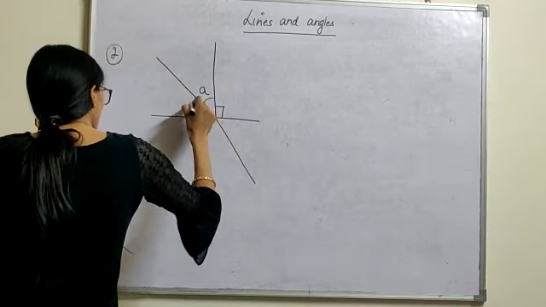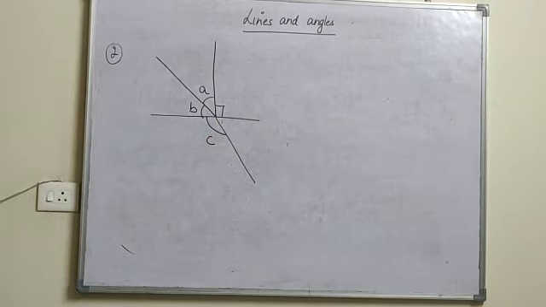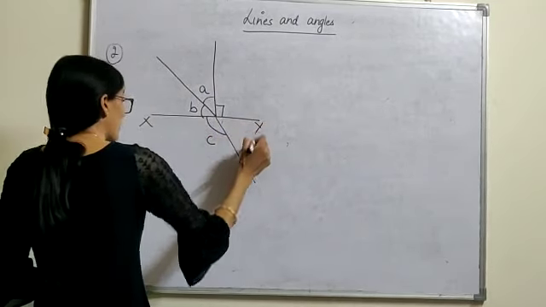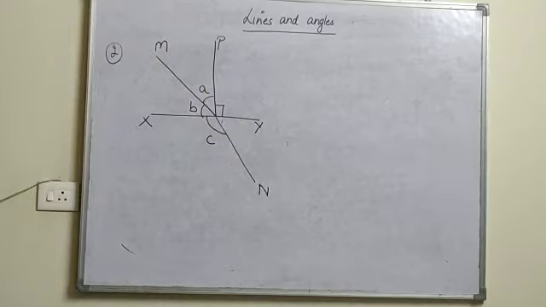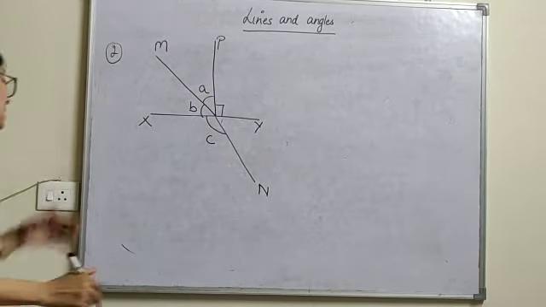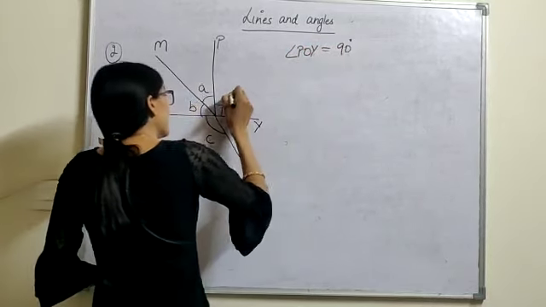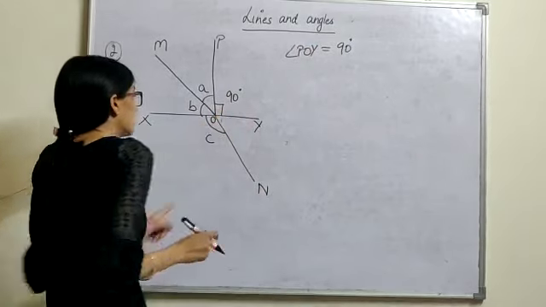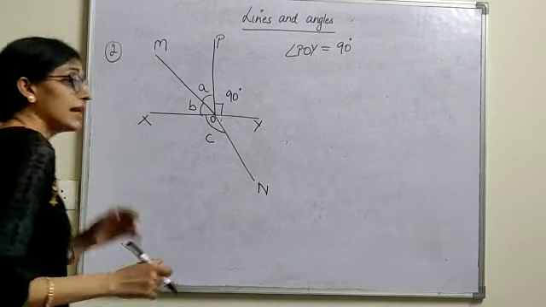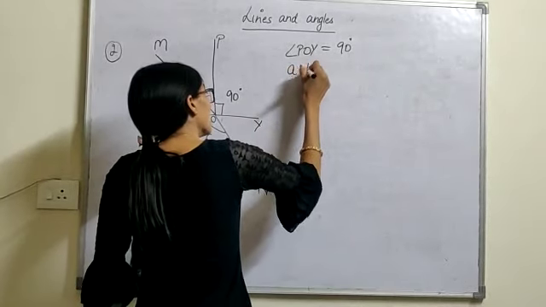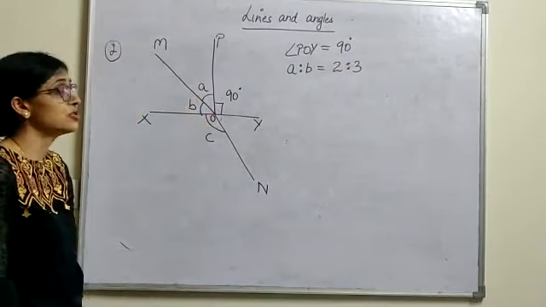This is A, this is B, this is C. This is X, Y, N, P, N. And you are given angle POY is 90 degrees. Angle POY is 90 degrees. And A is to B is 2:3.